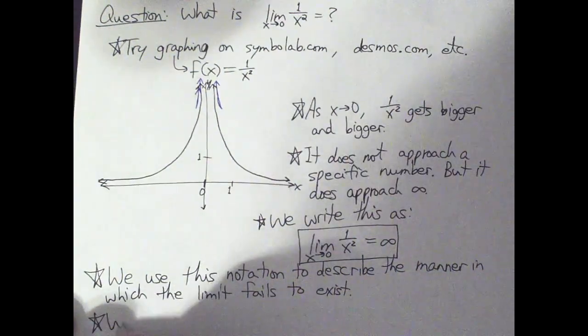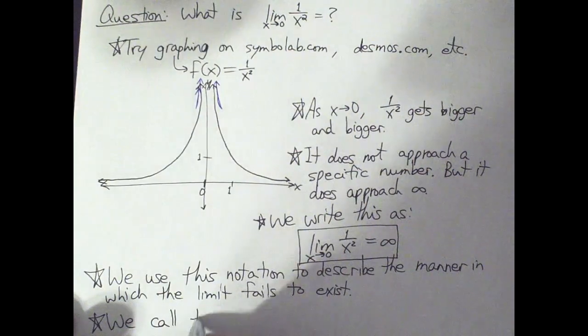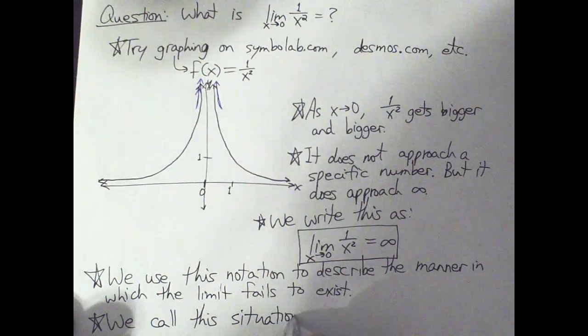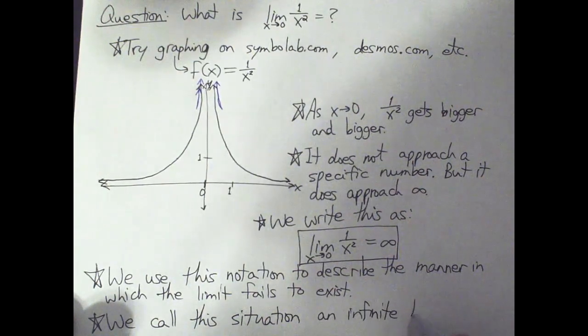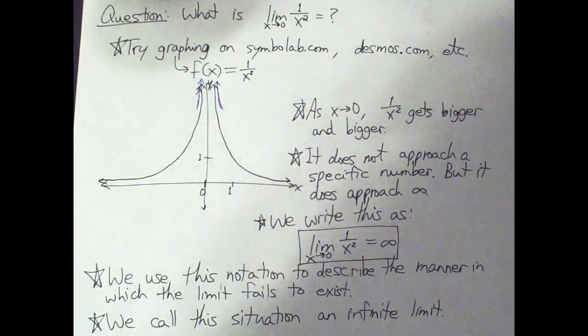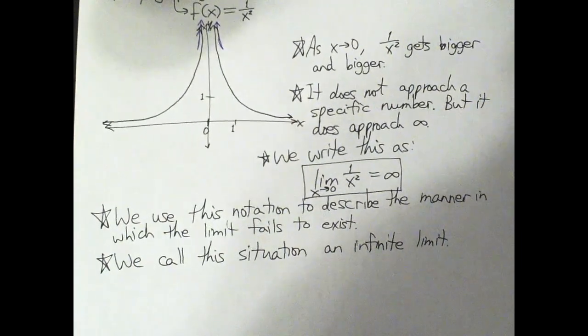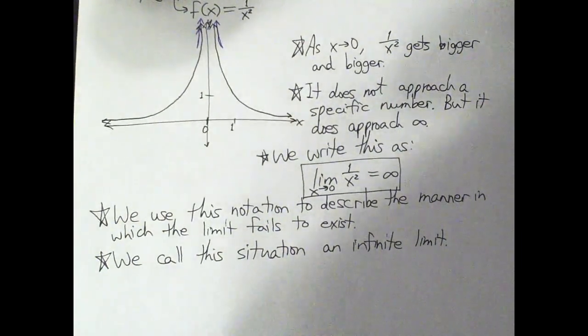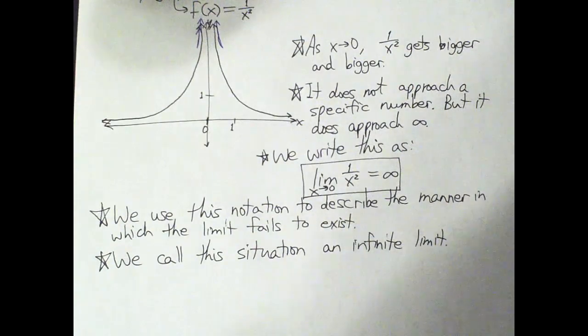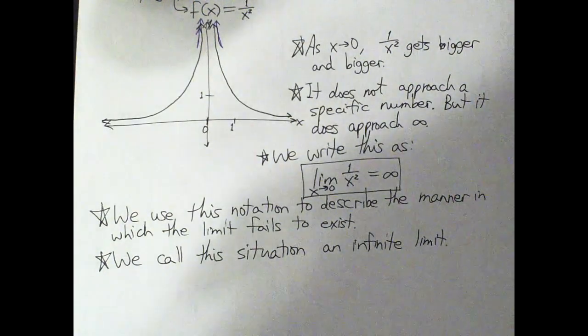We call this situation an infinite limit. Okay, the limit equals infinity. So if we were doing this in class, I would ask you, I'm going to ask you anyway, can you think of another name for this situation?